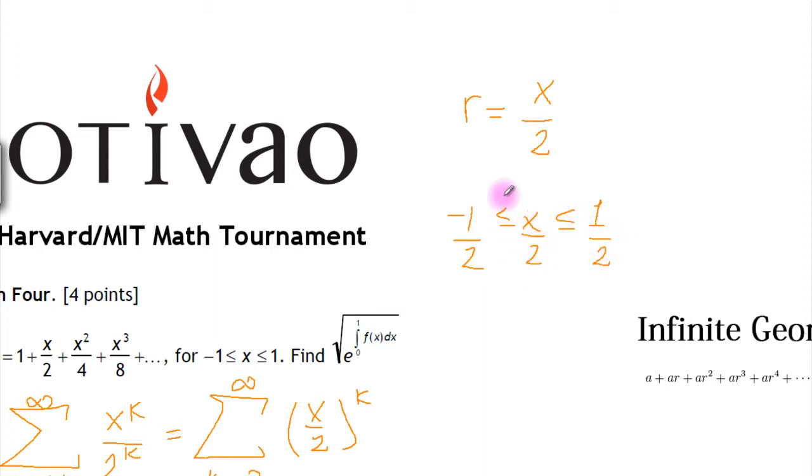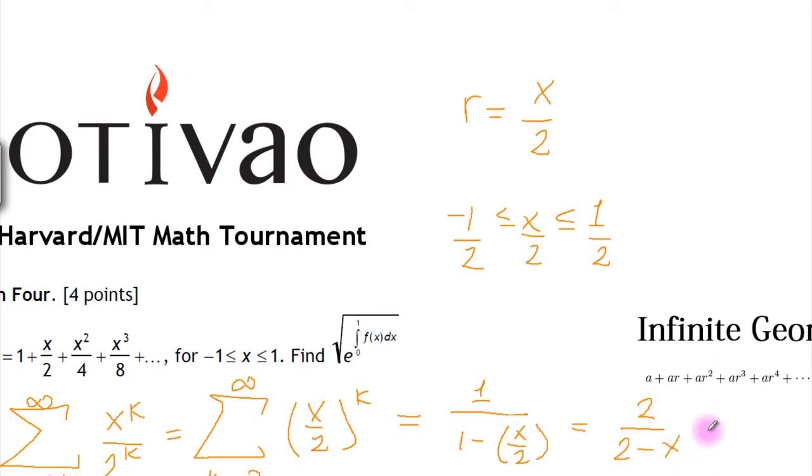Now, is this between minus 1 and 1? Of course. So that means that this series is, in fact, a geometric series. So by geometric series, this is a, which is 1 for the first term, over 1 minus the ratio, which is x over 2, which is just 2 over 2 minus x.